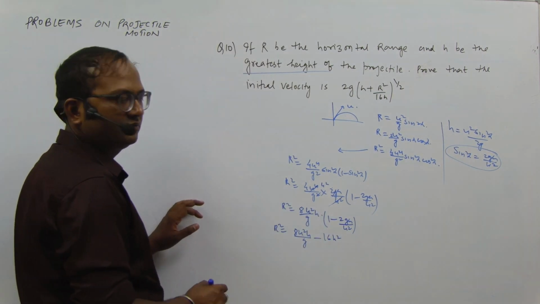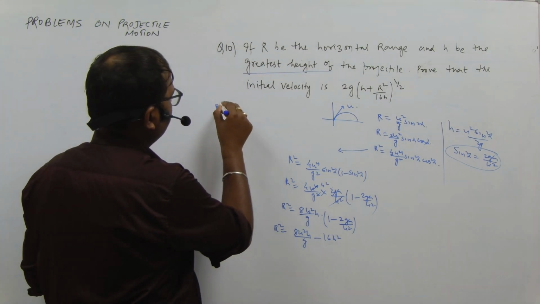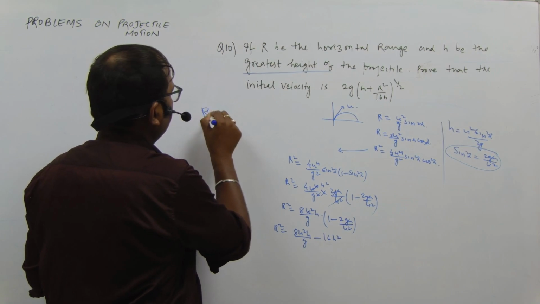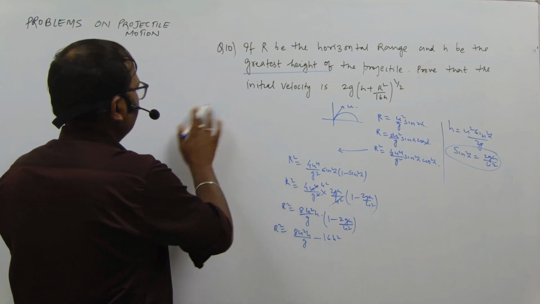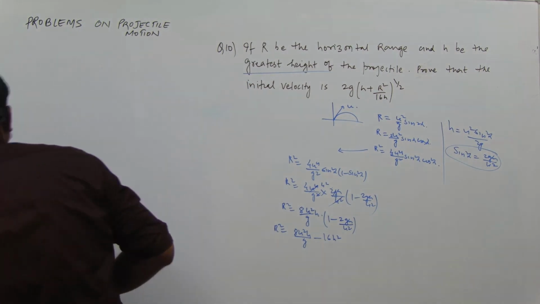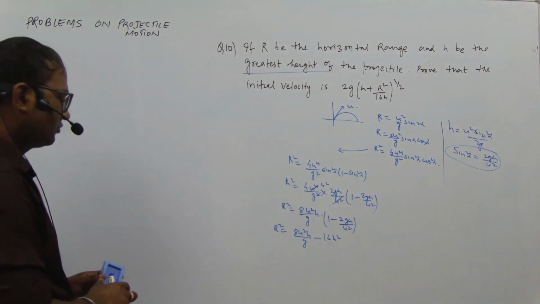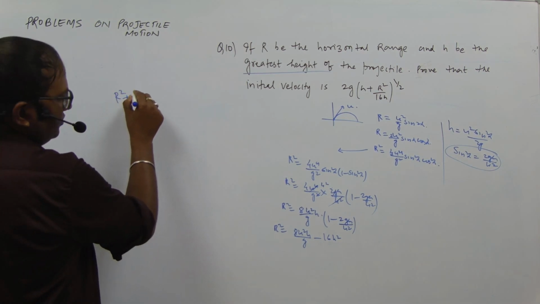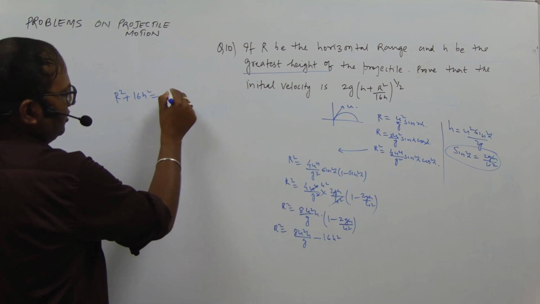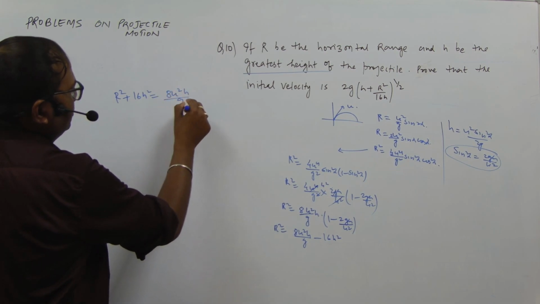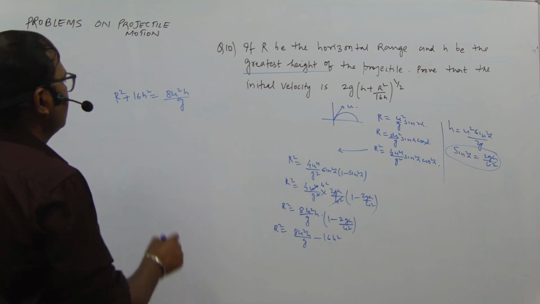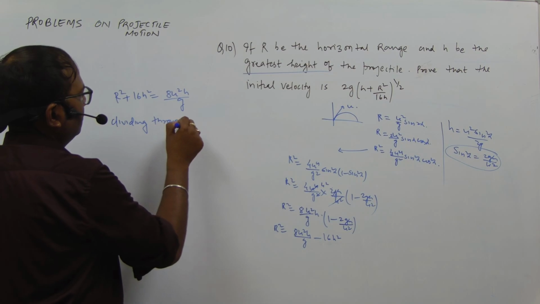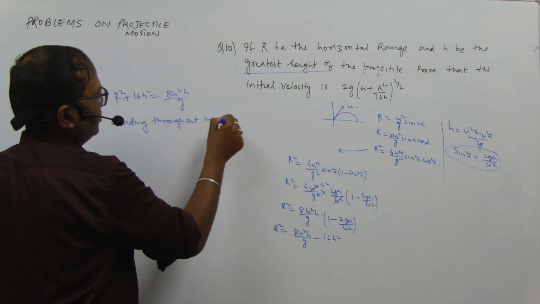So we have R square plus 16h square is equal to 8u square h upon g. Let us divide throughout by 16h.